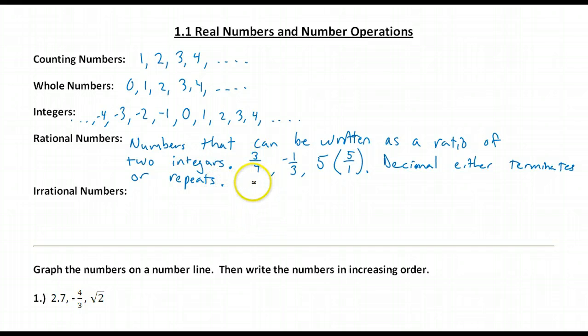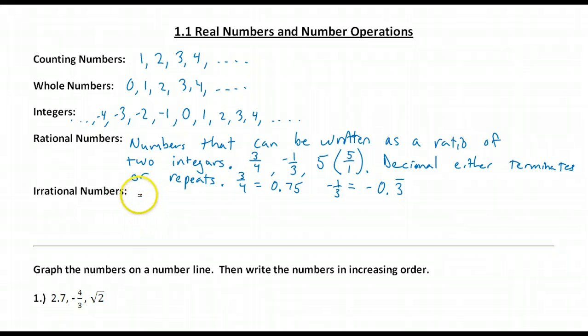If we look at 3/4, 3/4 as a decimal is 0.75. That decimal terminates, it ends. If we look at negative 1/3, negative 1/3 as a decimal is negative 0.3, repeating. So even though this decimal doesn't terminate, it doesn't end, it does repeat.